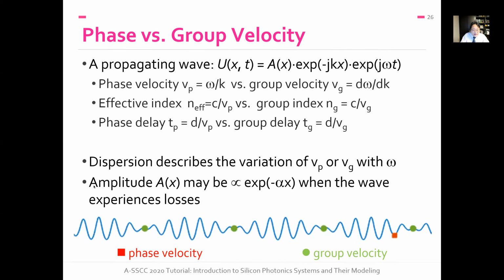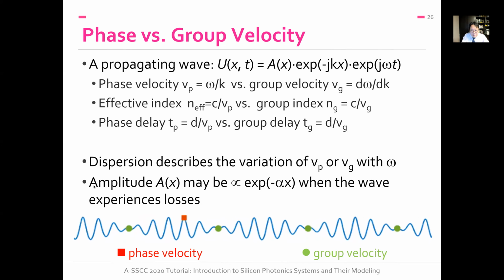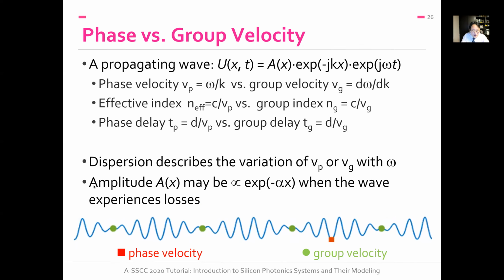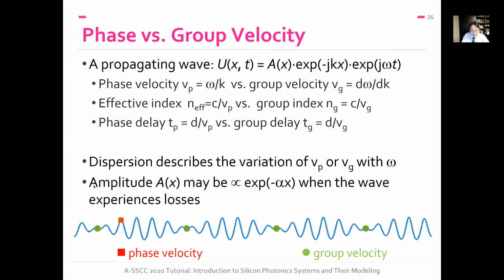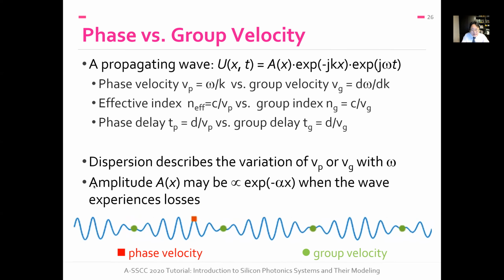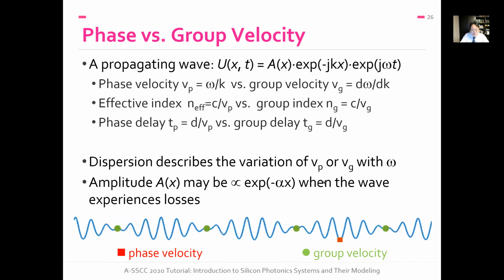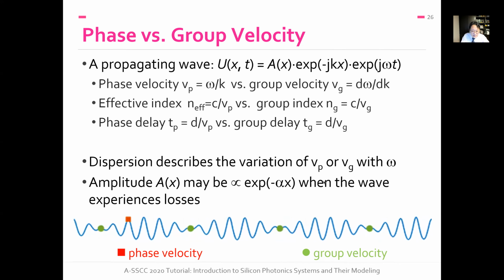And the other non-ideality is that not many waveguides are lossless. They have a very low loss compared to the electrical channel, but still there can be non-zero losses. That means this amplitude information, A of x, may be attenuating as you propagate a longer distance.